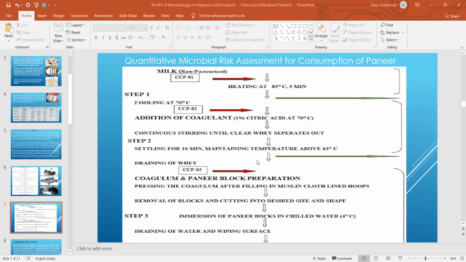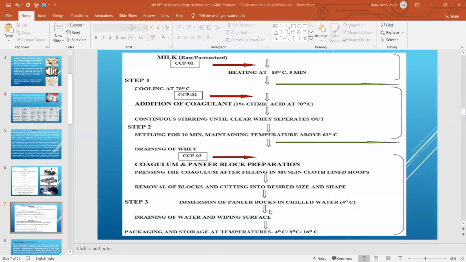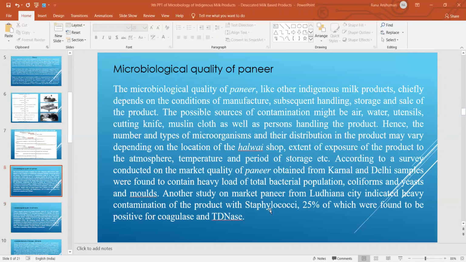So whatever cloths or hoops or other instruments you are using for pressing purposes, that should be completely sterilized and properly cleaned, and the very strict hygienic conditions already recommended by different organizations or legal bodies we have to maintain, and then only we can produce paneer of good quality, and automatically you will get a longer shelf life of that final product.